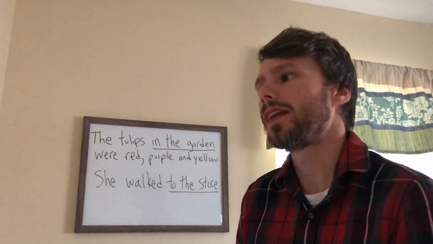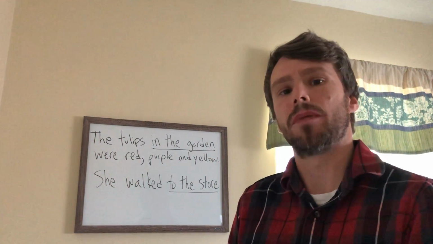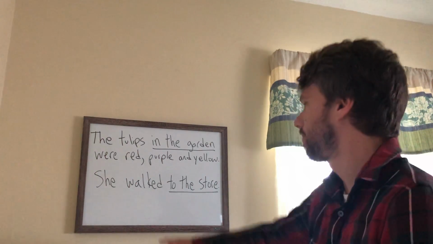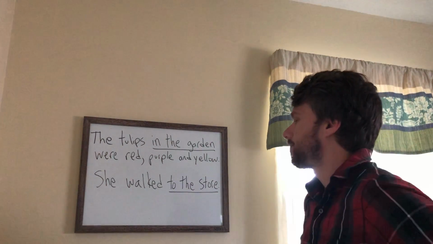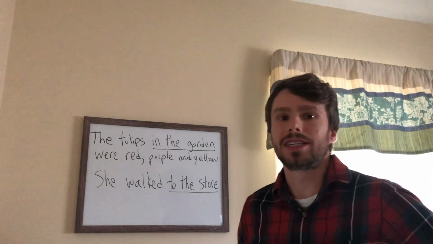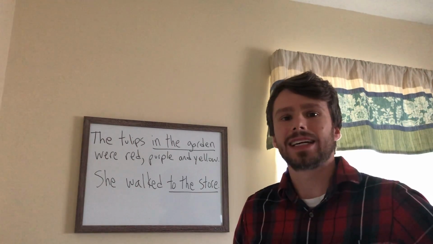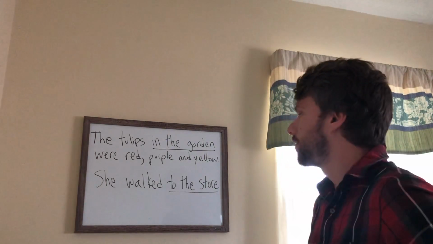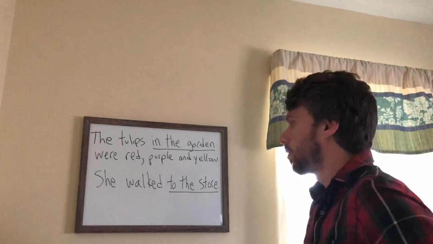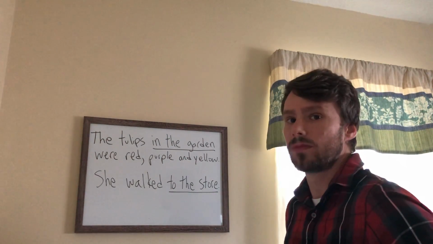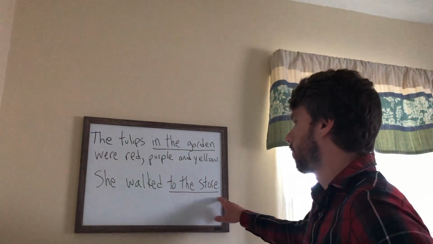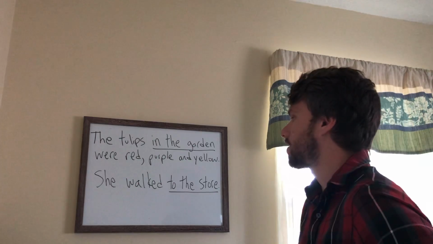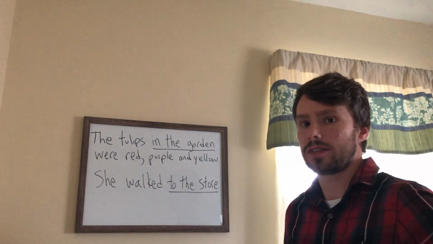Okay, let's look at an adverb prepositional phrase. It's going to be at the bottom one, the bottom sentence right here. So what an adverb does is it modifies a verb, an adjective, or another adverb. So in the sentence, she walked to the store, the preposition is to, the prepositional phrase is to the store, and it's an adverb because it's telling us where she walked, okay?